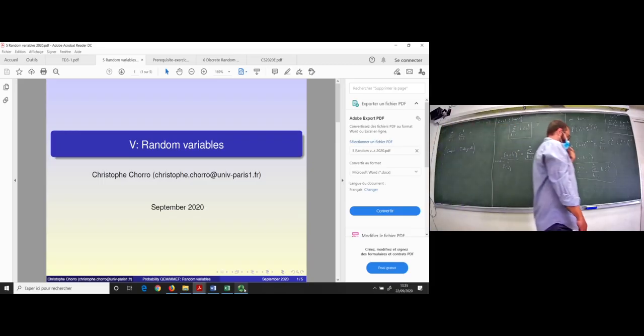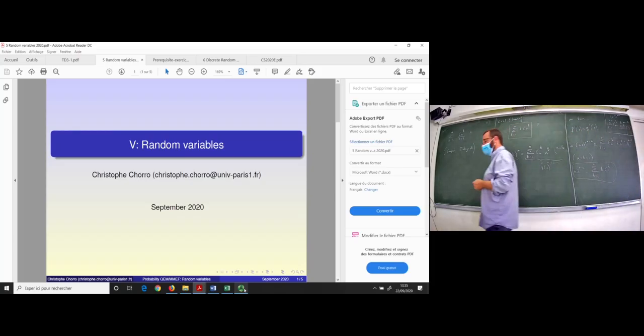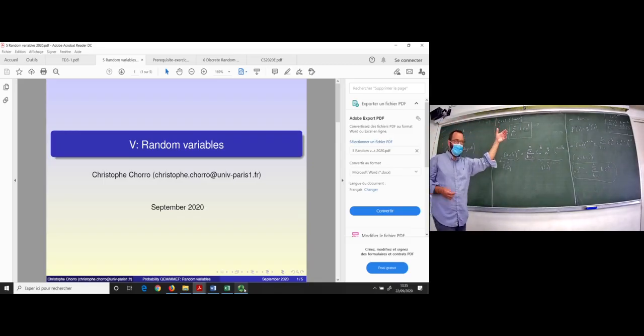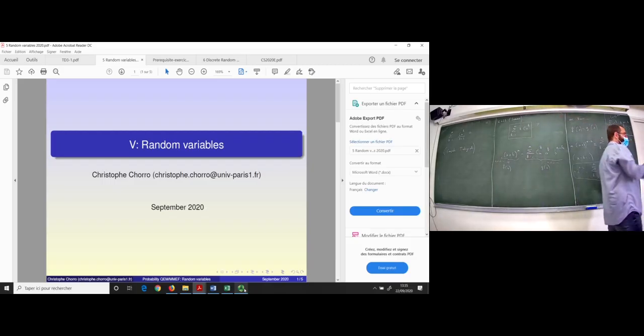And we have dealt with conditional probability. Now, we are going to spend a few minutes on the notion of random variable. And in the next sessions, we are going to study more deeply particular cases of random variables.